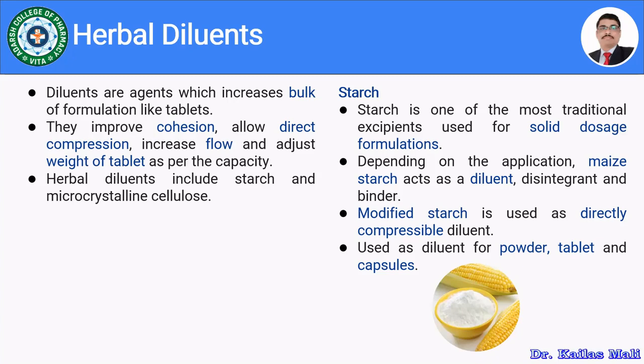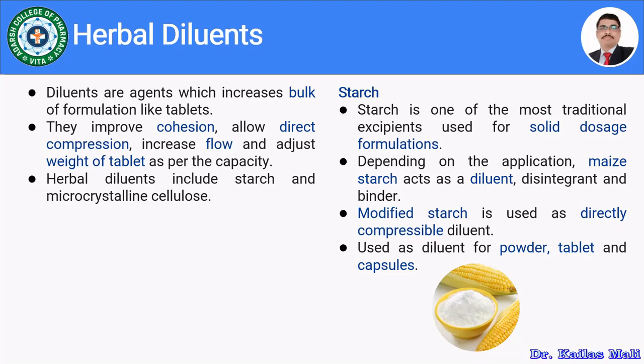Furthermore, if we are preparing the starch paste, it acts as a binder also. The modified starch is used as a directly compressible diluent. If we modify the starch, we get very good properties, and it is used as a directly compressible ingredient. It is used as a diluent for powder, tablet, and capsules.